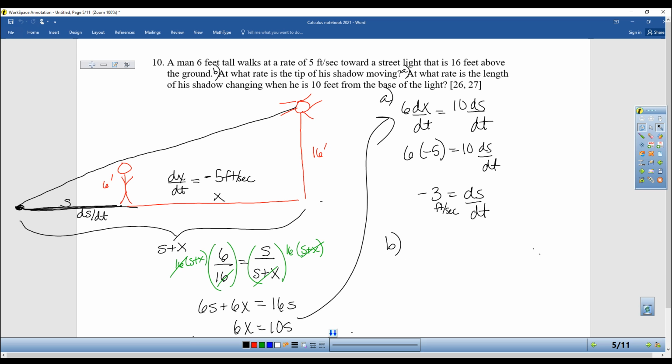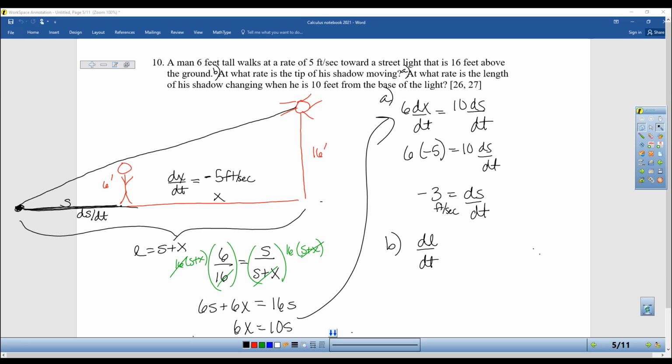For part B, it asks what the rate of the tip of the shadow is moving, which really is the combination of this entire length. So let's call this L. We really want to know dL/dt.